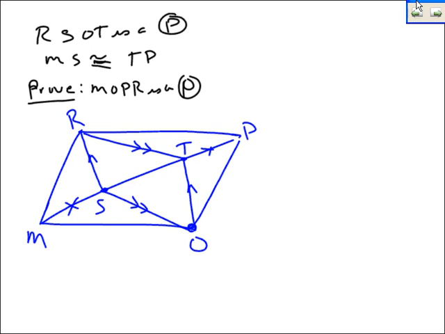So RT and SO are parallel. That means angle 1 and angle 1 are equal because of my Z. Okay? Because of the Z.